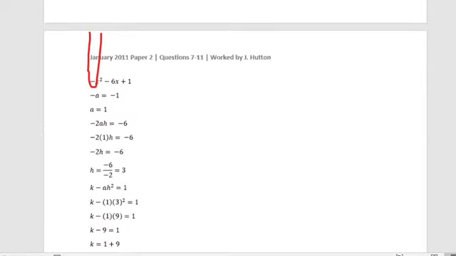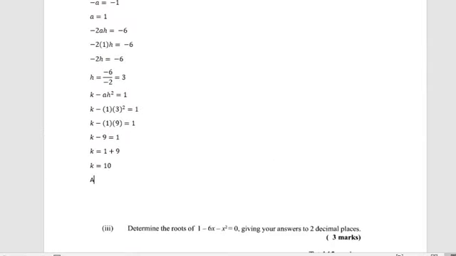So therefore, now in rewriting it, our answer is 10, which is our k, minus a was on the outside and a is 1, and in bracket we have x plus h, and we know what the value for h is, which is 3, and all of that is squared. So that is the original quadratic function that was given, written in the format that they required.